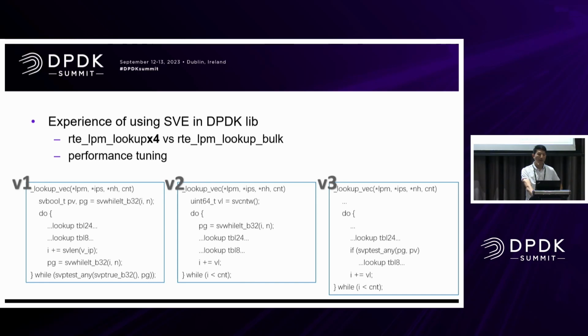So you can see in the name there's "by 4", because this API looks up the LPM table with the IP destination as a key. Here we are talking about IPv4. So for IPv4, the destination IP is 32-bit. For 128 vector length, it accommodates 4 IP entries at a time.